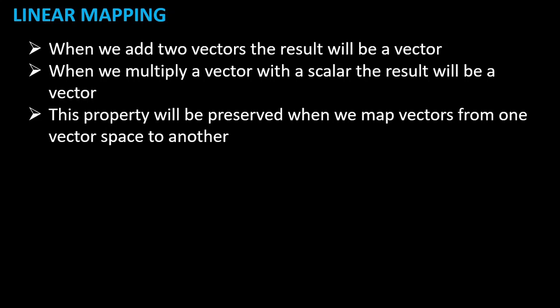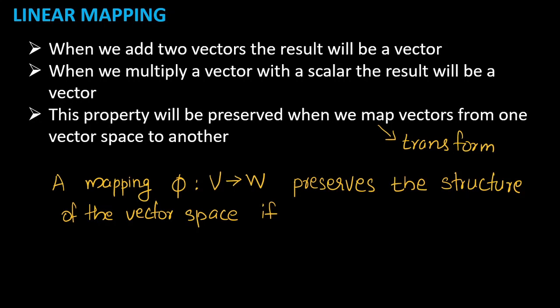That is why we call it linear mapping or linear transformation. So the word linear itself means that these properties should be preserved in the transformation from one vector space to the other. We can interchangeably use the word map or transform.